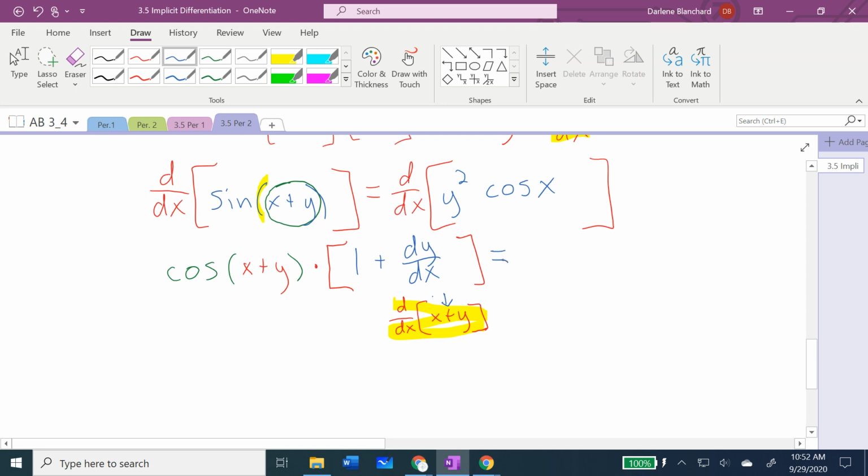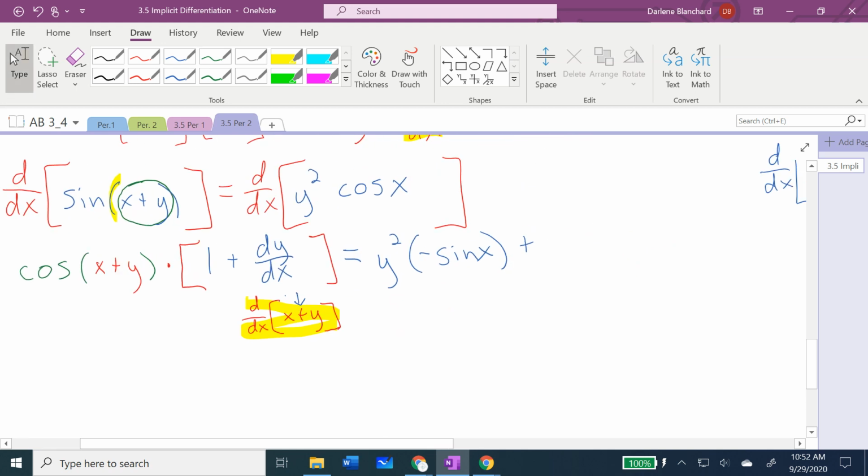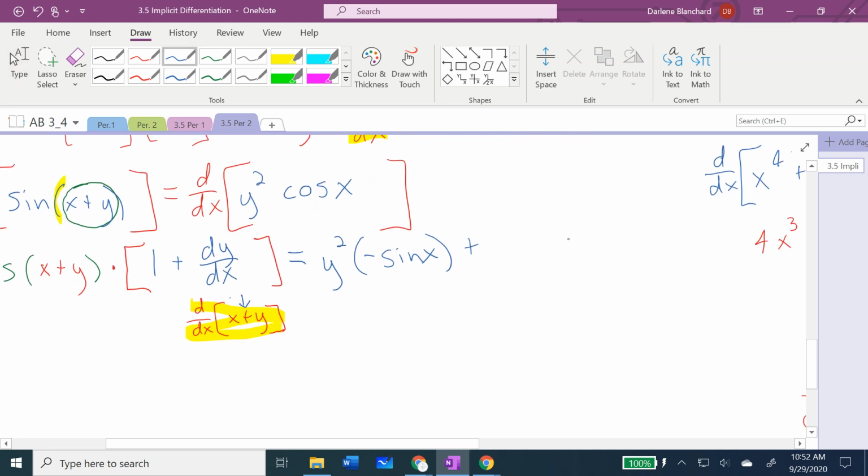On the other side of the equation, I need to use a product rule. So I keep the first function, multiply by the derivative of cosine x, plus now I'm going to take the derivative of the y squared and keep the cosine x.